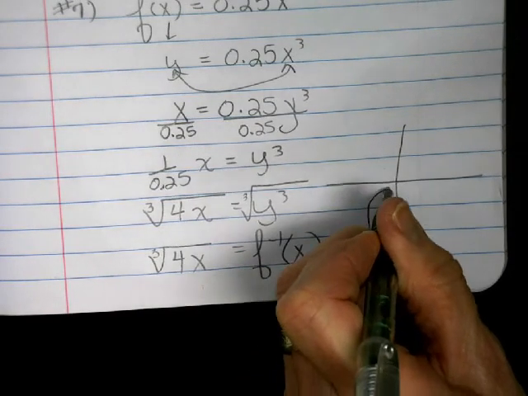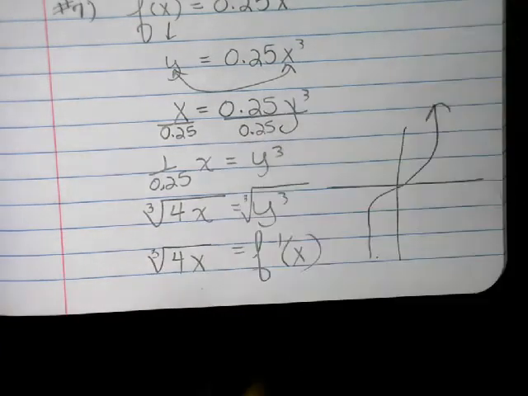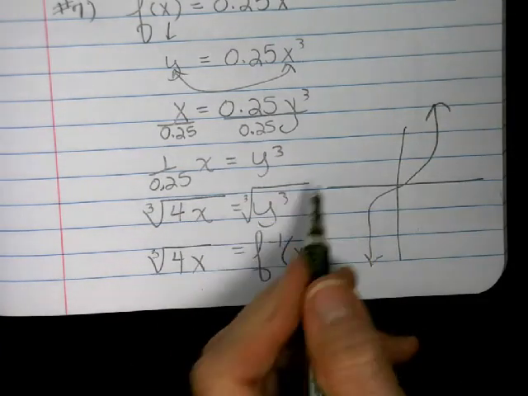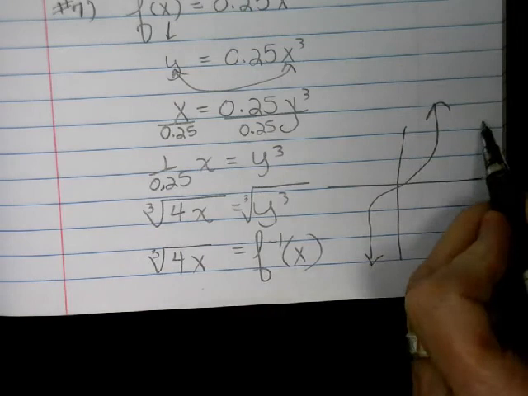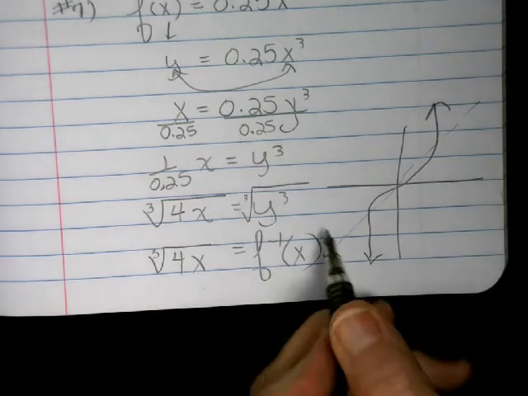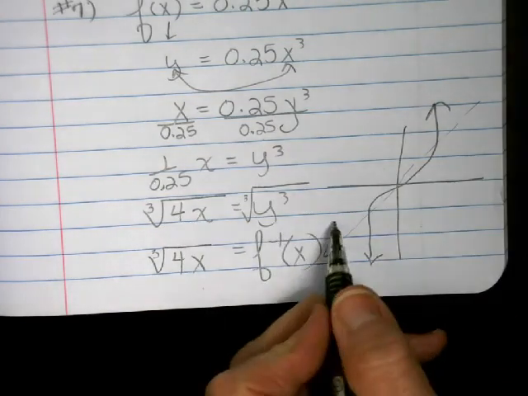So the graph is beautiful. An original cubic function goes like this. Makes that S road. That's pretty nasty.